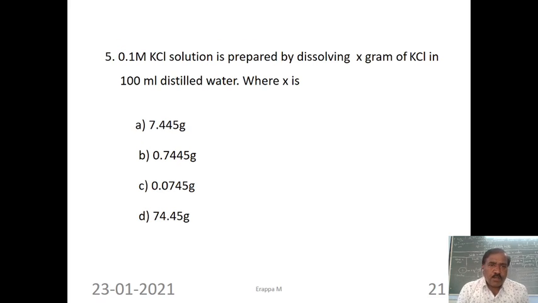Next question: 0.1 molar KCl solution is prepared by dissolving X grams of KCl in 100 cm cube of distilled water. What is X? Here also 4 answers are given: A is 7.445, B is 0.7445, C is 0.0745, and D is 74.45. The correct answer is B, 0.7445 grams.